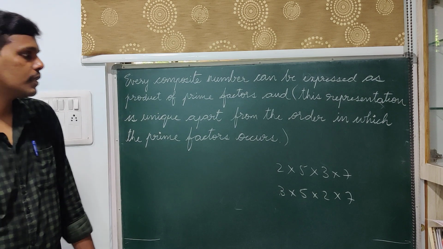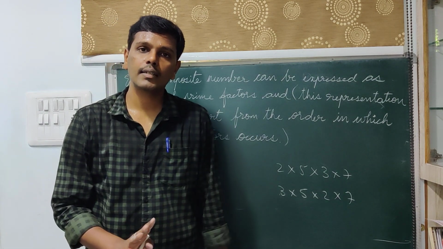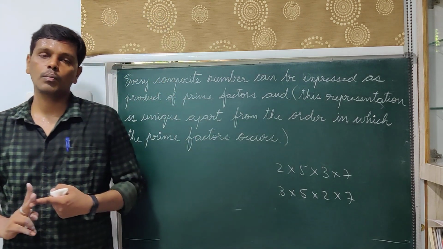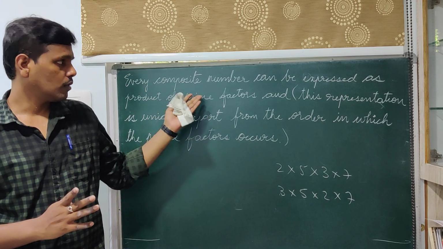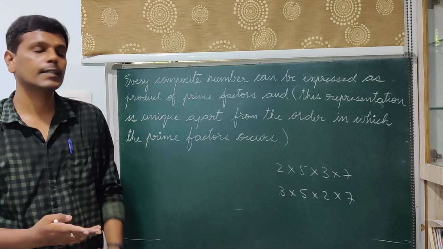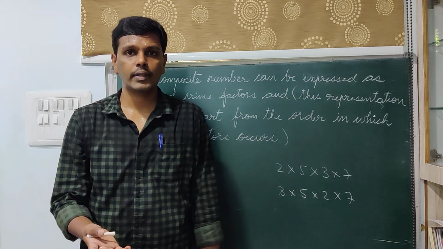So that is all about it. In this session, I have posted a worksheet. That worksheet contains what is a prime number, what is a composite number, what is the fundamental theorem of arithmetic, its applications, and how to do a prime factorization.